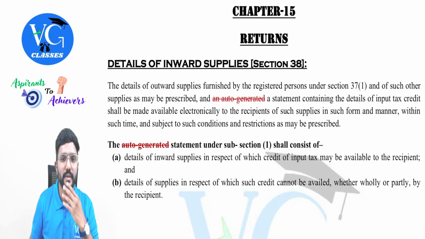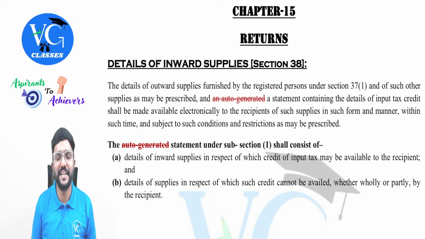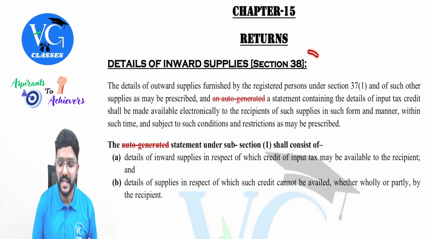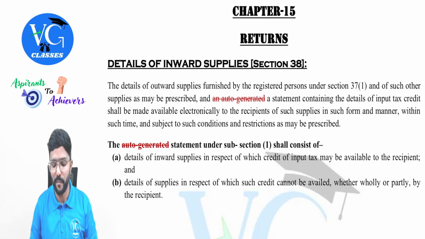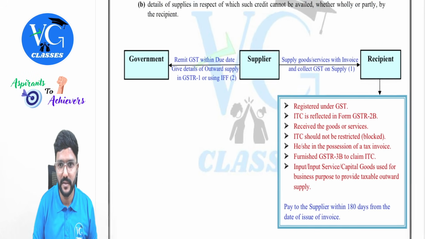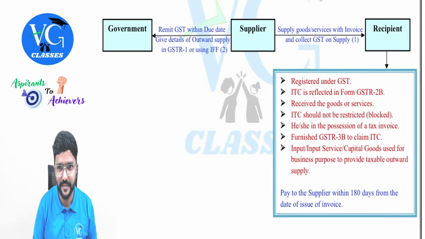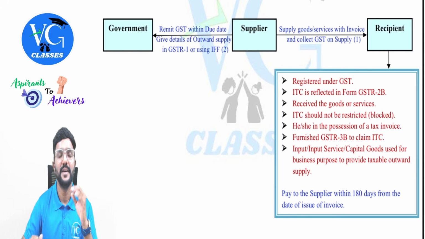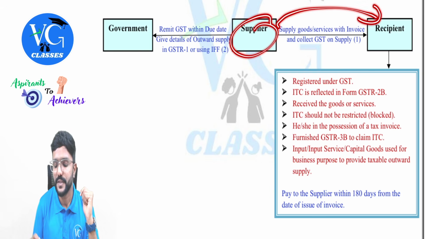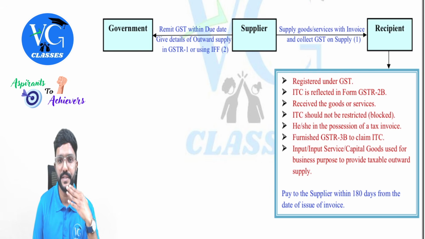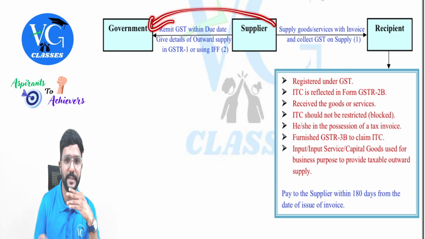Now, the amendment is in the returns chapter. Guys, in section 38, which talks about GSTR 2A and 2B, which is actually auto-populated, I will just try to explain this. If you remember this chart, which I had covered in the regular class. When the supplier supplies goods or services to the recipient along with an invoice, he will collect GST from the recipient and remit it to the government.